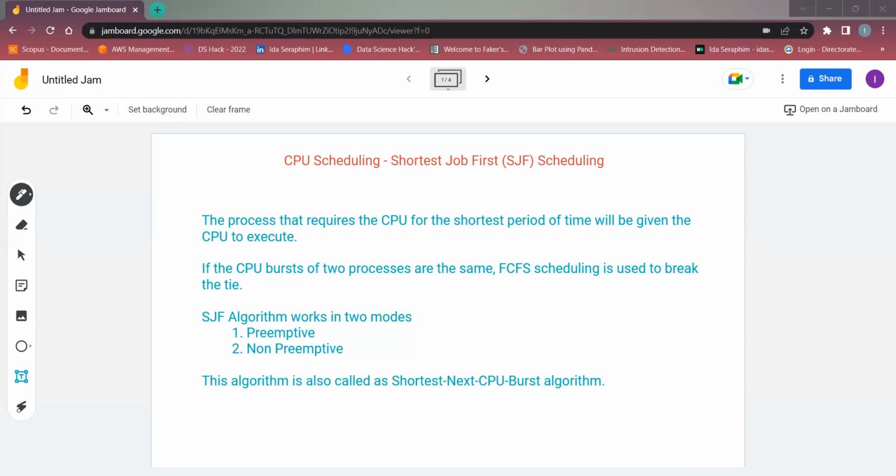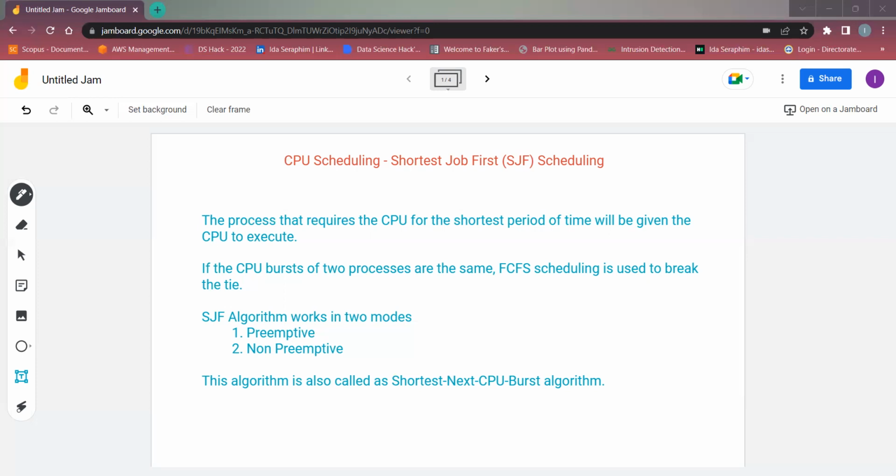That's why it is called preemptive. Non-preemptive means that whatever the priority, it is not going to listen to it. It will just execute whatever it is executing at that point of time, and only then will it take the next process to execute. This shortest job first scheduling is also called the shortest next CPU burst algorithm.